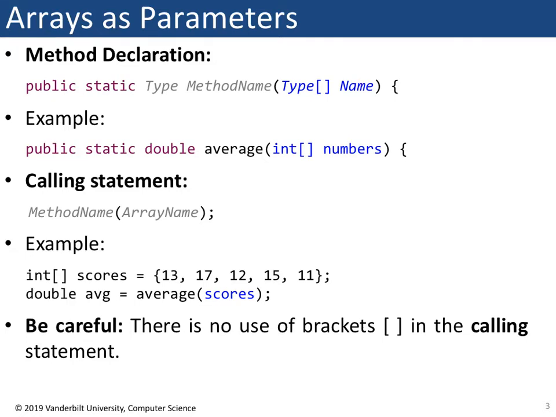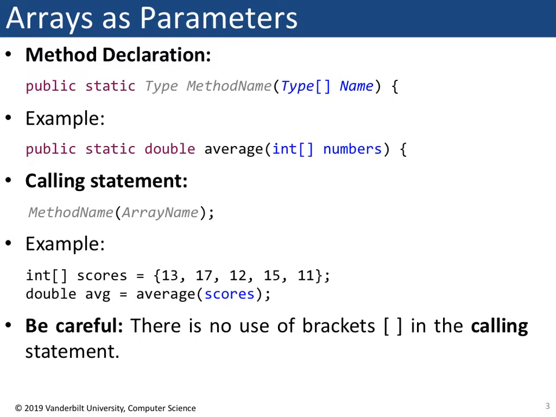So public static, the return type, the method name, then the type of the values which are stored in the array, followed by open and close brackets to tell it that this is an array, followed by the name of the array.